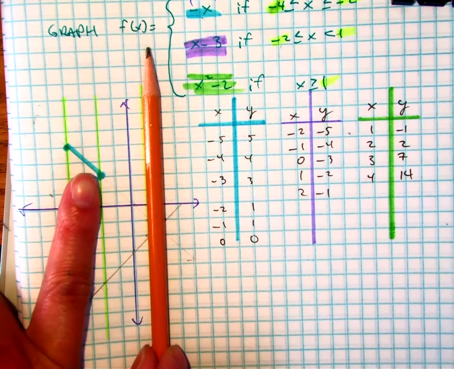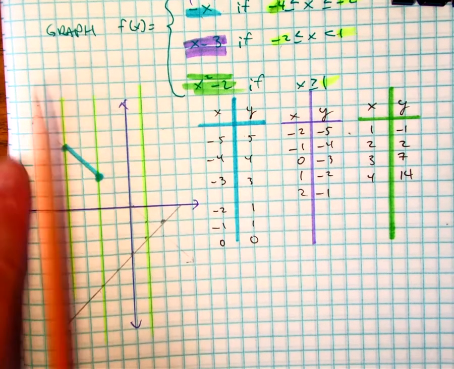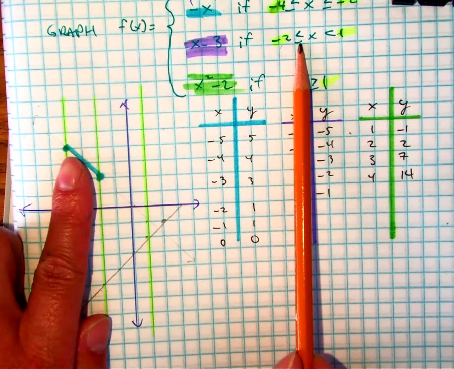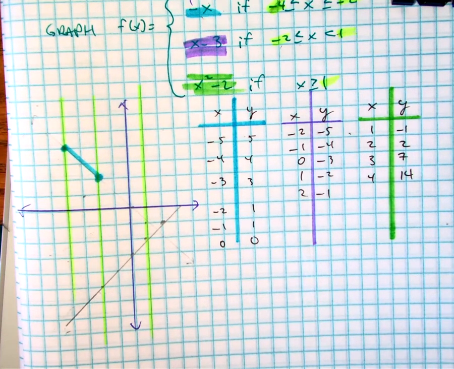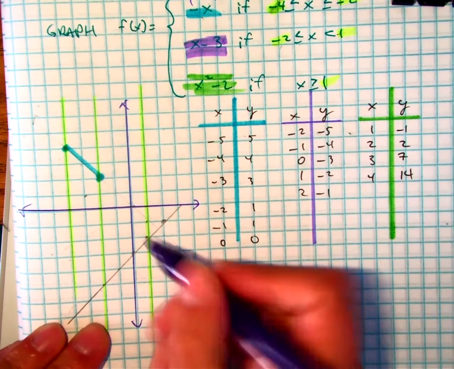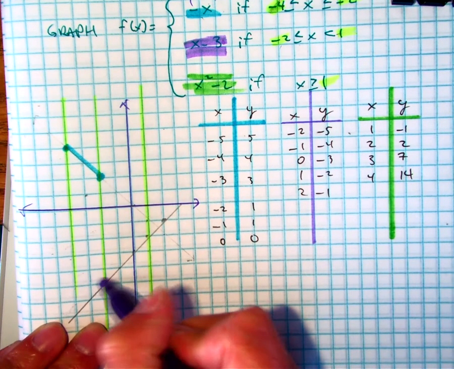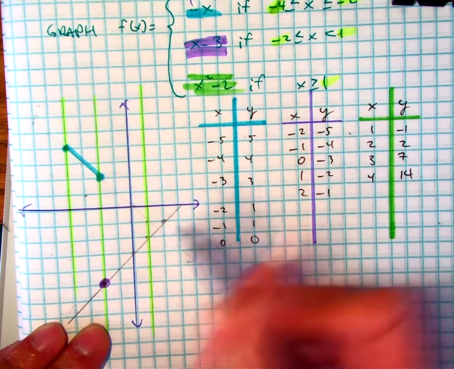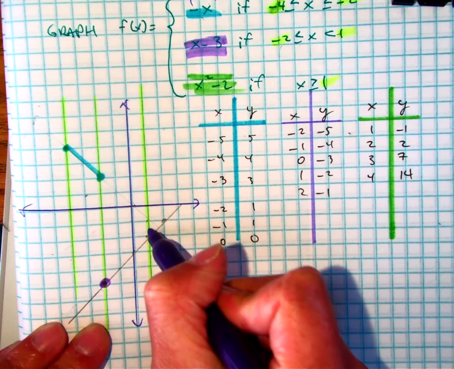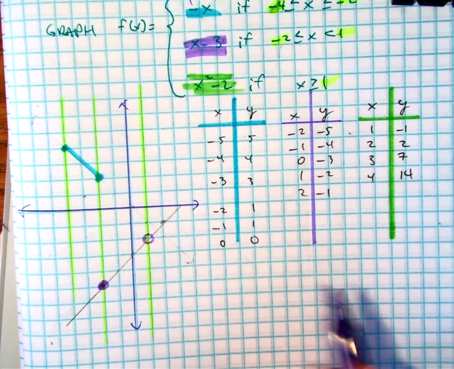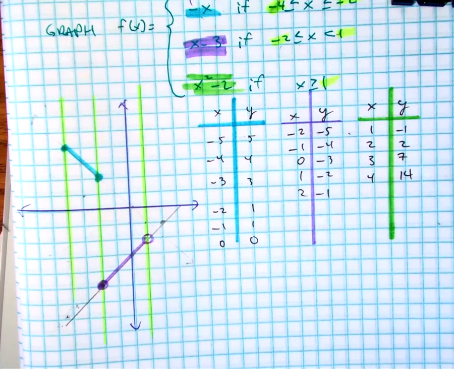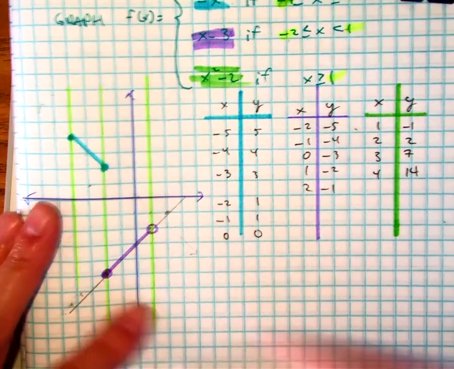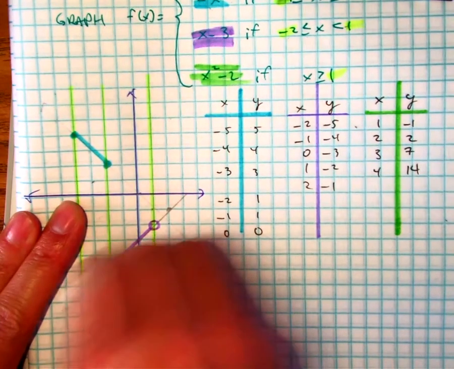So we'll be erasing over here and over here. And this one says a closed circle and an open circle. So at -2, a closed circle where it touches the boundary. 1 is an open circle. And I can draw my line here. Let's erase everything else.